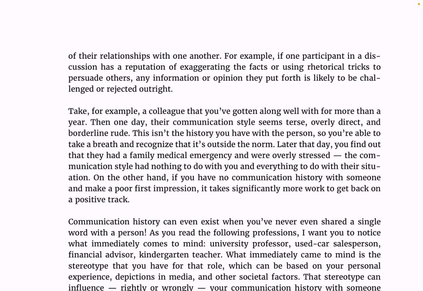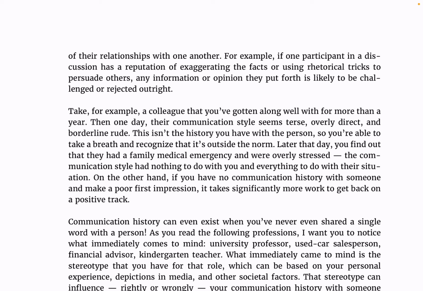Take, for example, a colleague that you've gotten along well with for more than a year. Then one day their communication style seems terse, overly direct, and borderline rude. This isn't the history you have with the person, so you are able to take a breath and recognize that it's outside the norm.